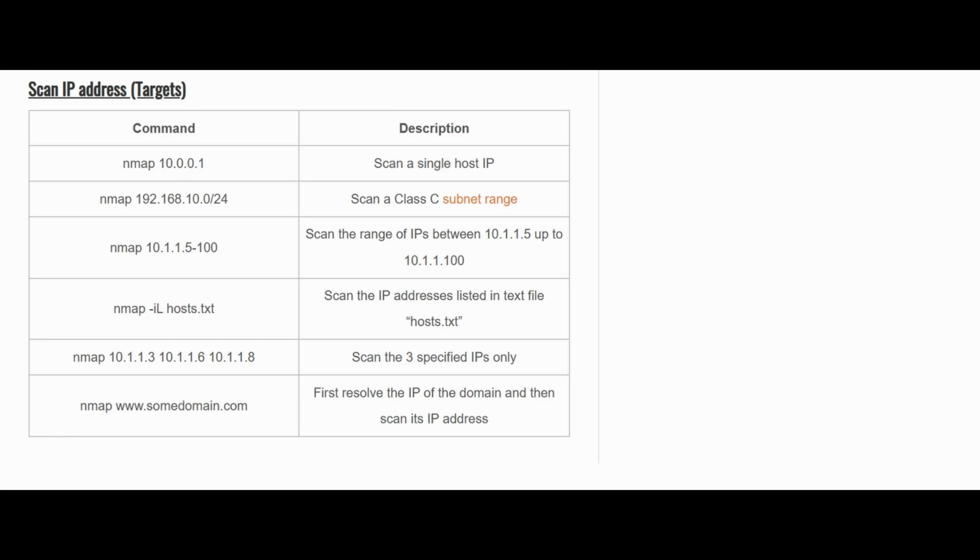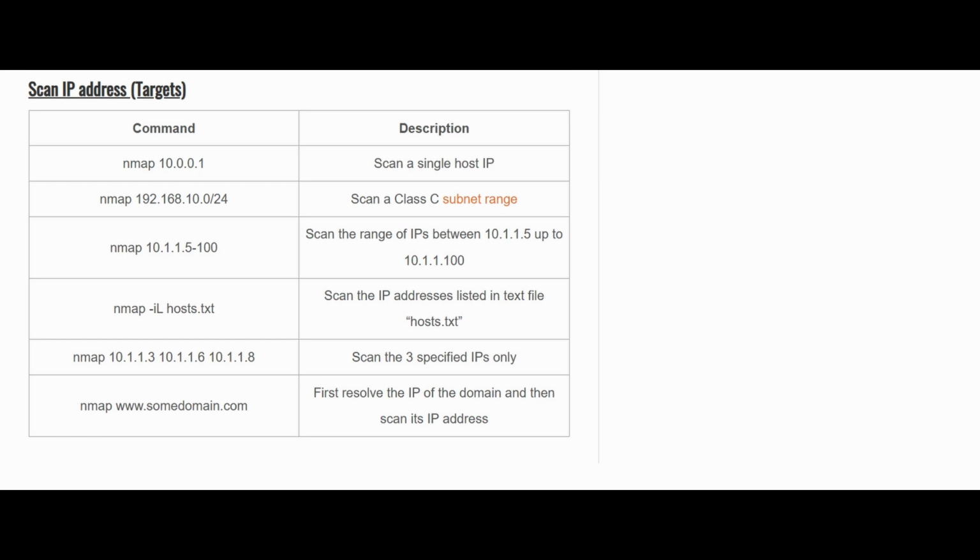Here you can see that you can use Nmap with an IP address for a single IP, and then you can also use the range of an entire subnet, the second one, which is /24. It is going to scan the Class C subnet range, and then you can also scan a range, like 5 to 100, the last octet range of IP addresses.